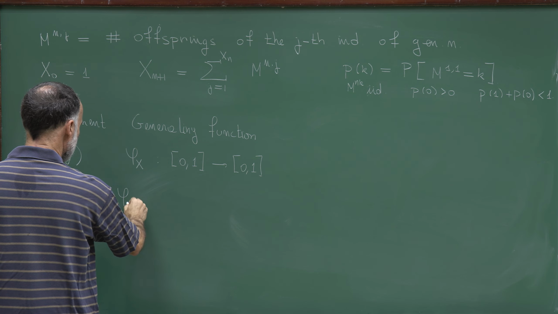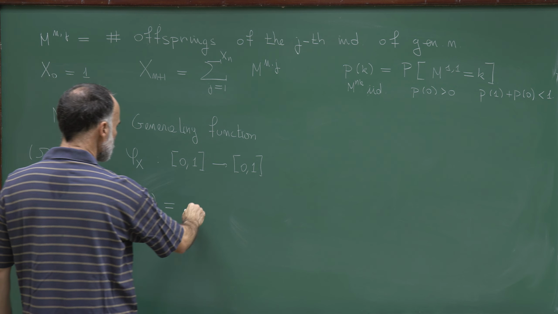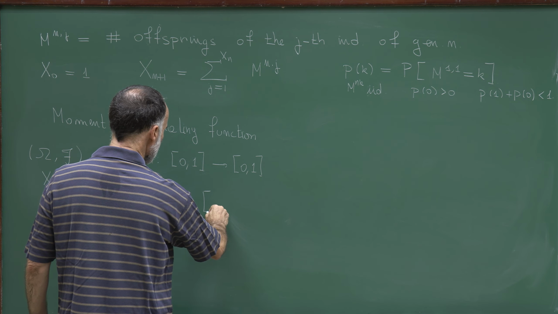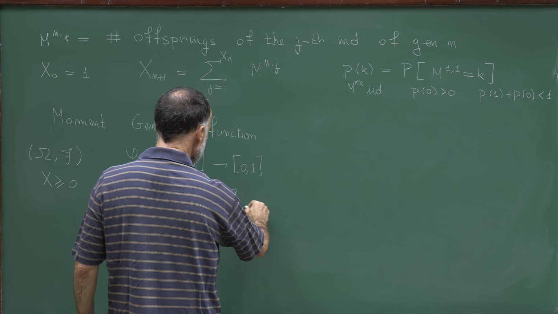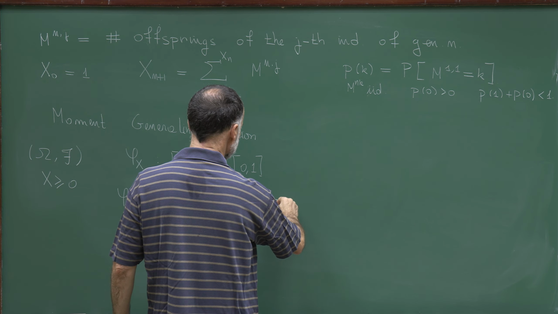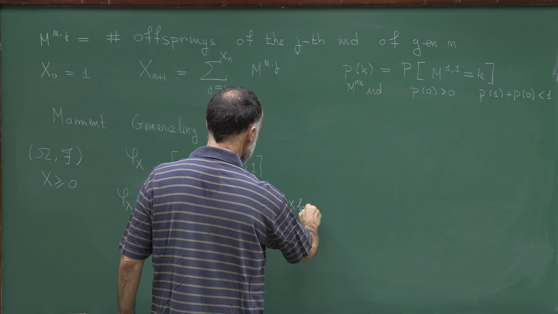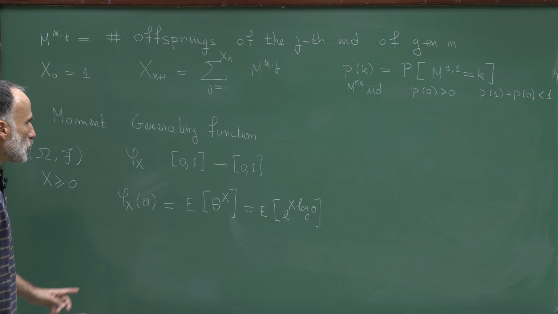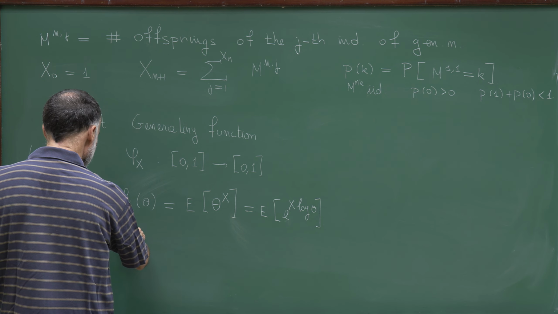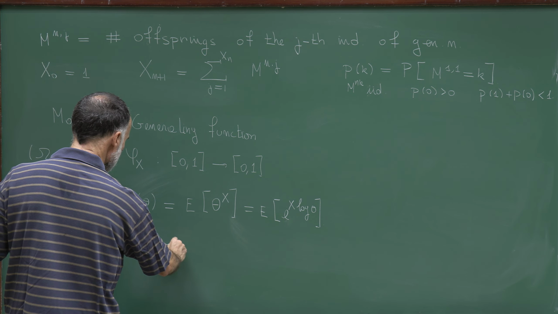And phi X of theta is equal to the expectation of theta to the power X, which is sometimes convenient to write as the expectation of exponential of X log of theta. So mind that phi X at 1, if I take theta equal to 1, this is always 1.